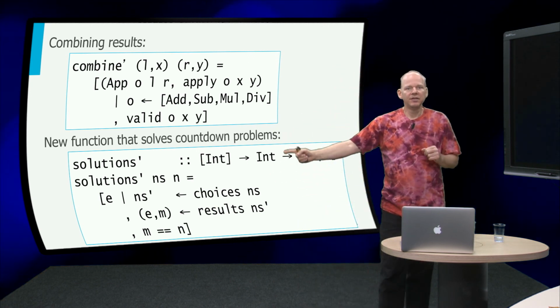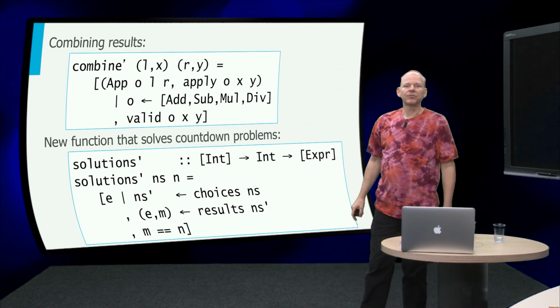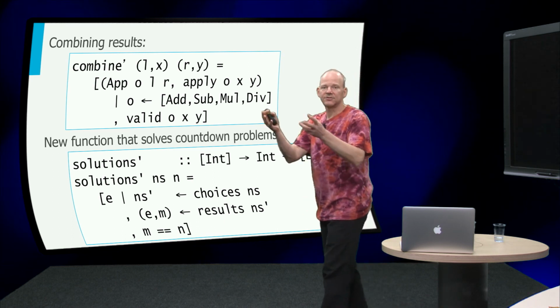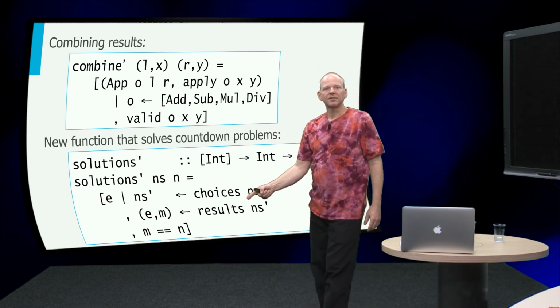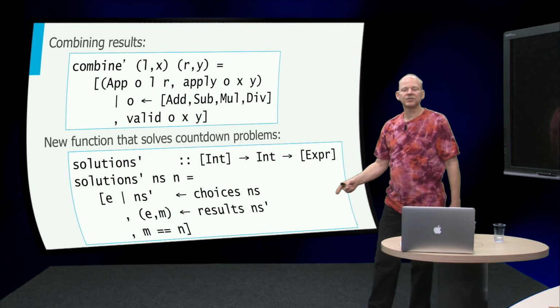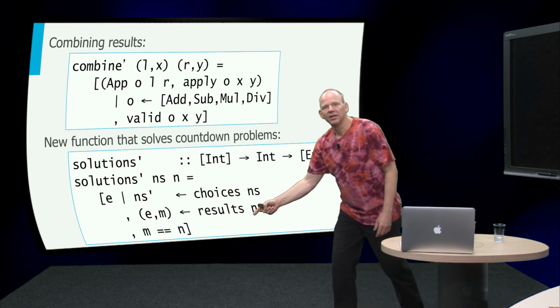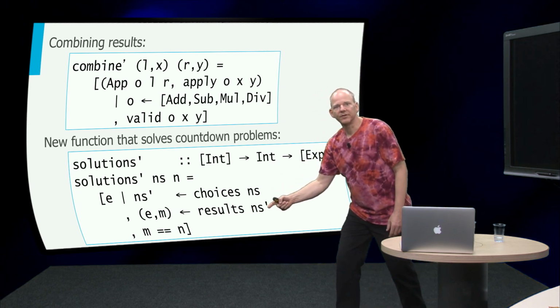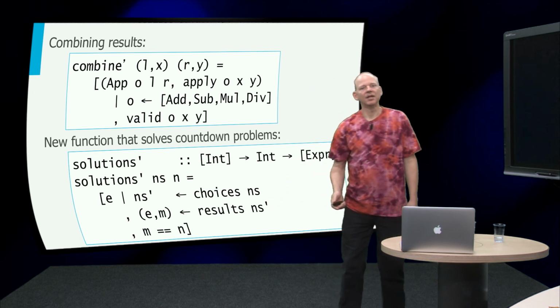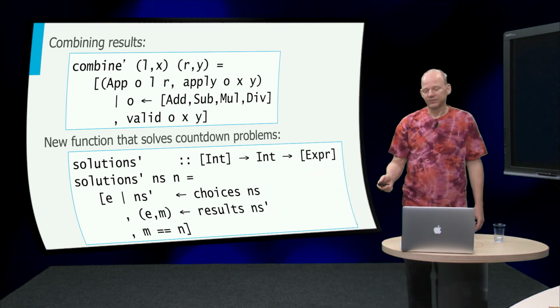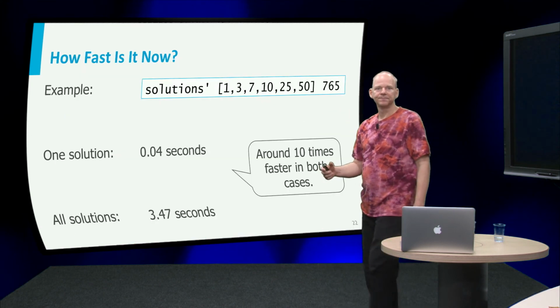So here's the new function that solves the countdown problem, and it's just using this new results function. We take all the choices, we calculate the results given these, and then we check whether the result is the one that we want.